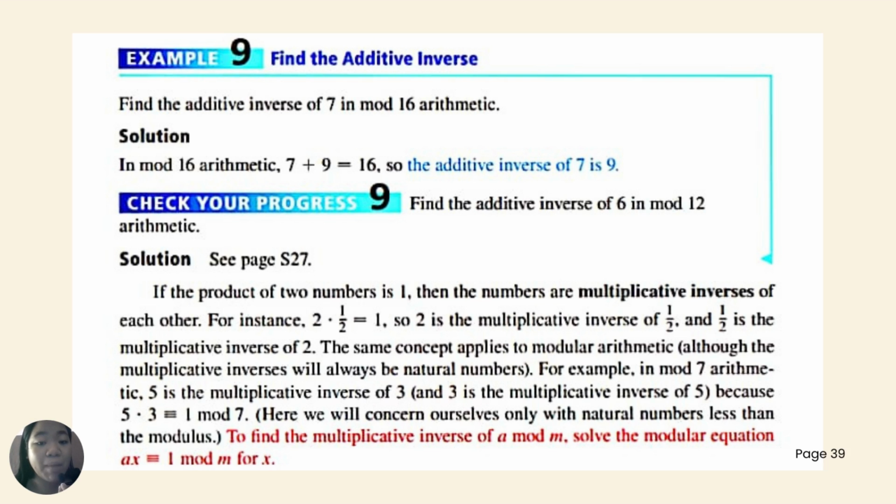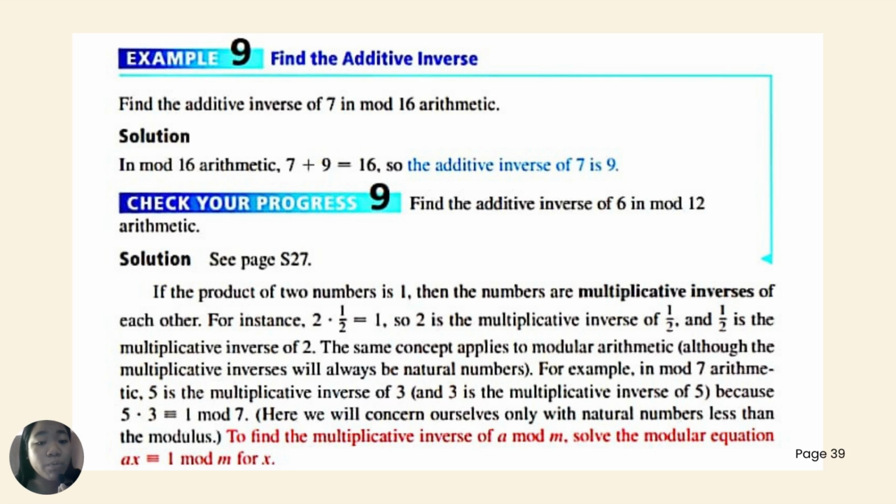The same concept applies to modular arithmetic, although the multiplicative inverses will always be natural numbers. For example, in mod 7 arithmetic, 5 is the multiplicative inverse of 3, and 3 is the multiplicative inverse of 5.